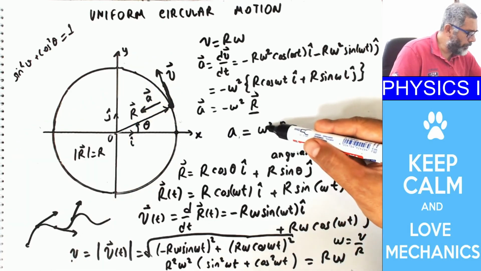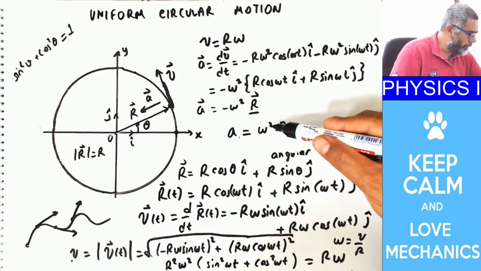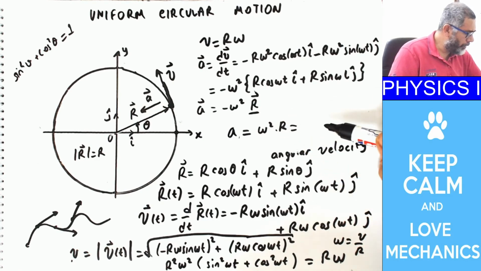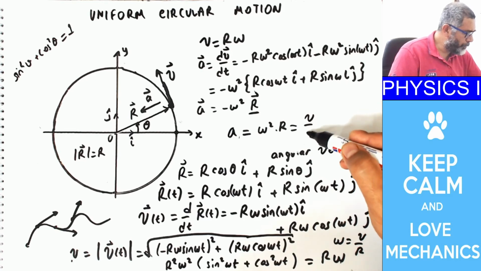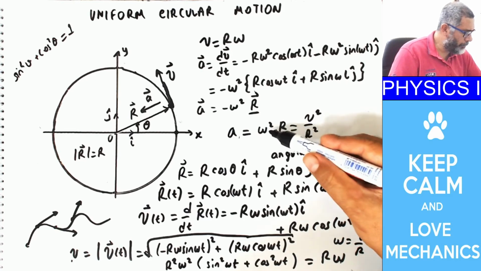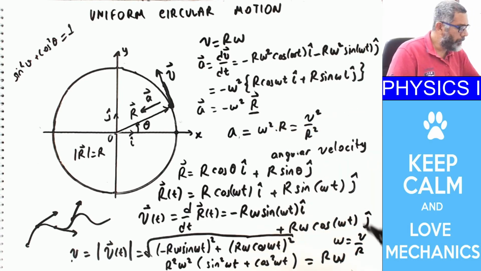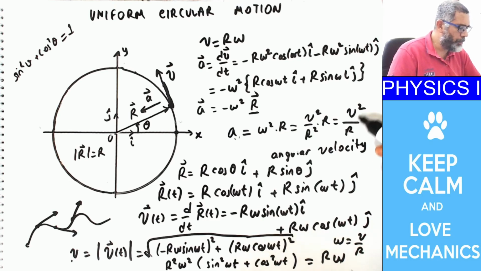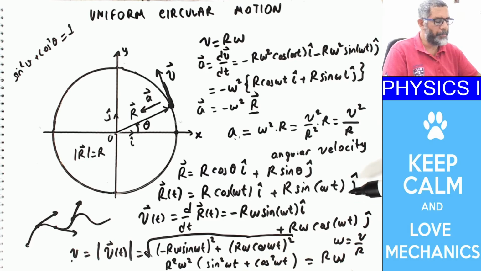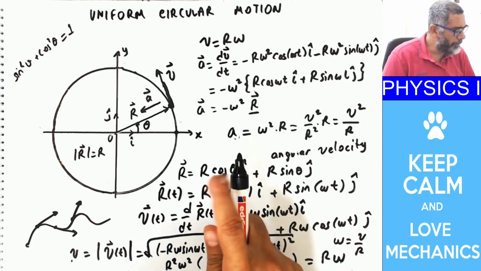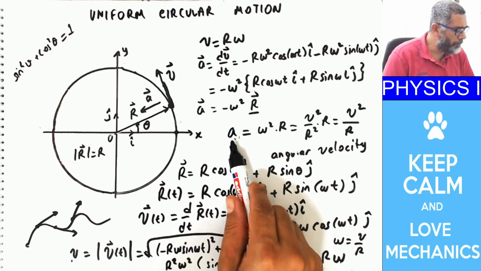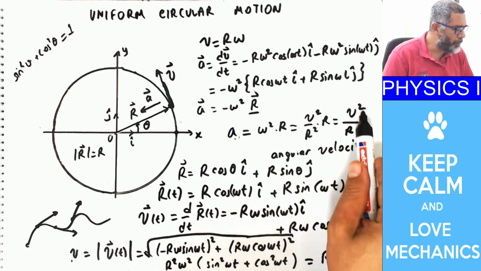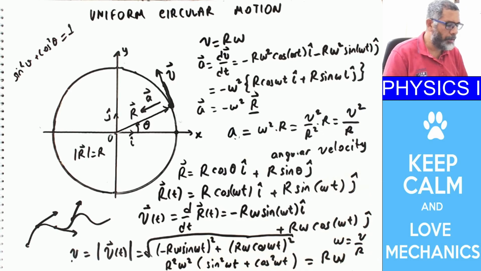If you put v over r squared, so v squared over r squared, because omega is v over r, and you multiply this by r, you will get that the magnitude of the acceleration is, in terms of its speed, v squared divided by the radius. So this is the proof that the magnitude of the acceleration vector is v squared over r for uniform circular motion.